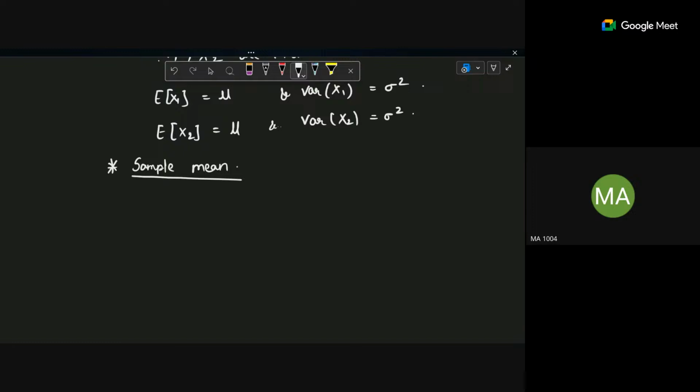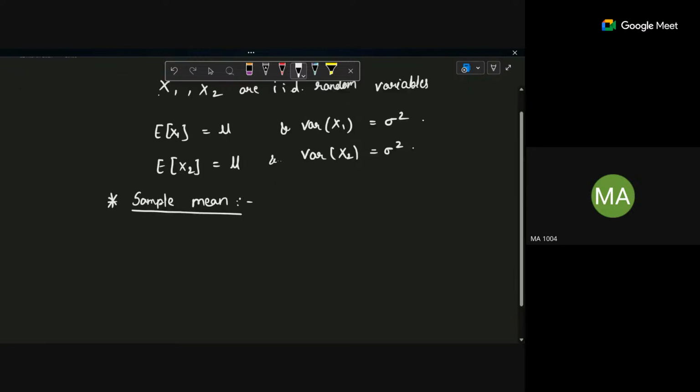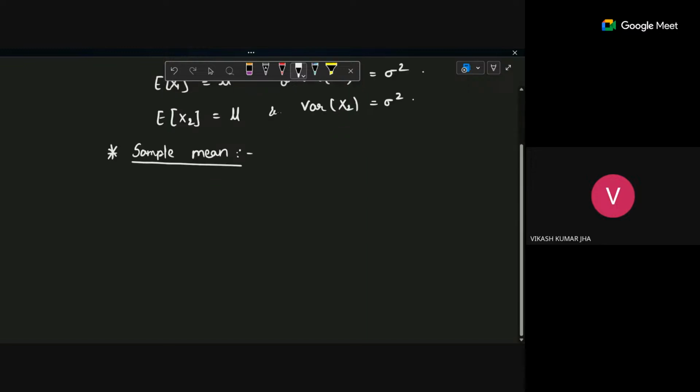If x1 and x2 are two IIDs, then what do you mean by sample mean? When we have different samples, the average of all those samples we call the sample mean. So when you take the average of x1 and x2, you will get (x1 plus x2) divided by 2. This is the standard definition of sample mean.